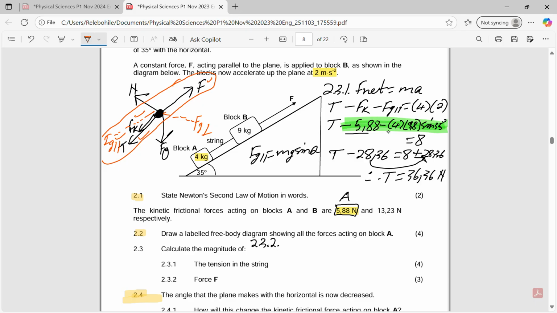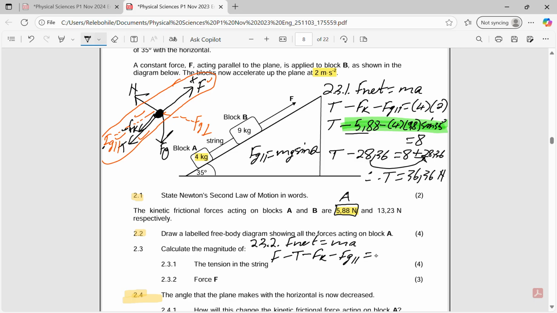So that means we already have this formula. What we are going to do there is to say F net is equal to MA again, and from there, what is F net in this case? We are adding all of these forces, and this one, guys, will go in the positive direction, then these 3 forces will go in the negative direction. So here I'm going to have F, which will be positive, minus T minus FK minus FG parallel.